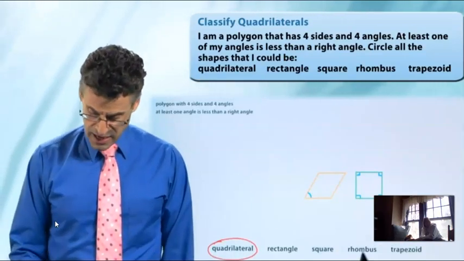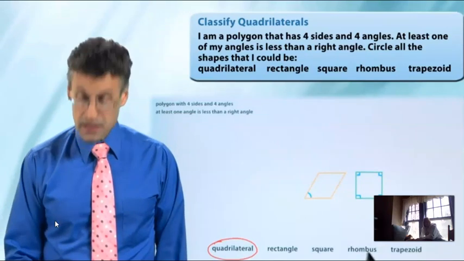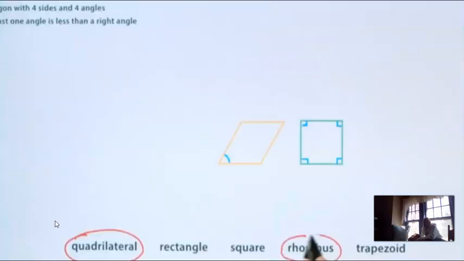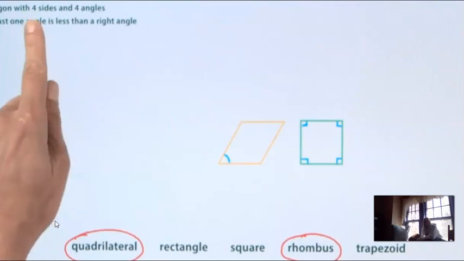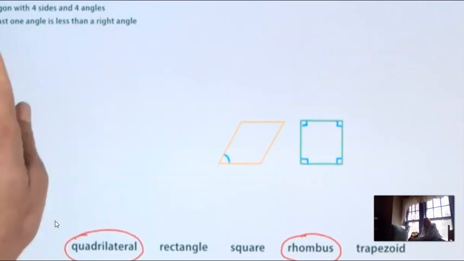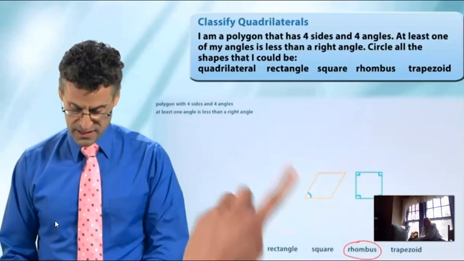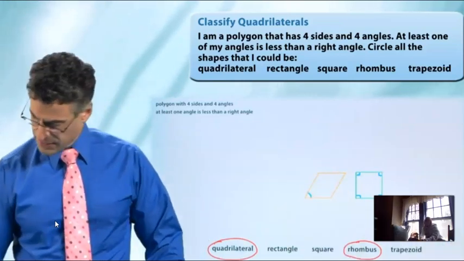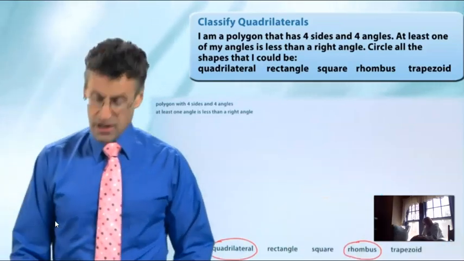So this is less than a right angle. So it's possible that I might be a rhombus. That's right, I might be a rhombus. Because we could have a rhombus. All rhombi have four sides and four angles, and you could imagine a rhombus that has at least one angle that is less than a right angle, and there's an example of one. So it's possible. So that's kind of cool.